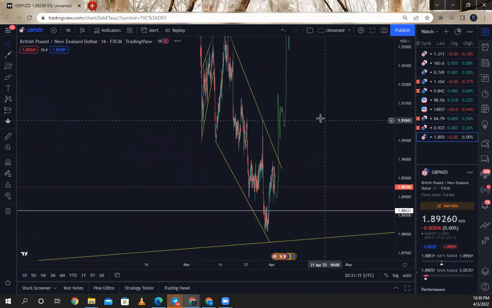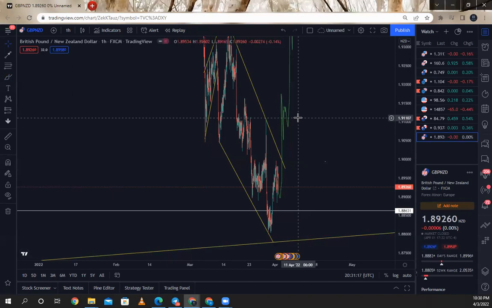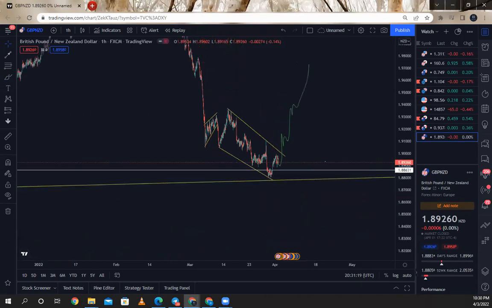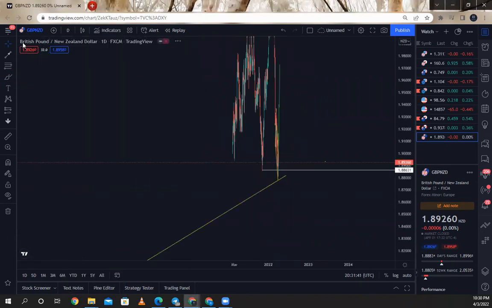Then the last one that I'm looking at here is GBP New Zealand.